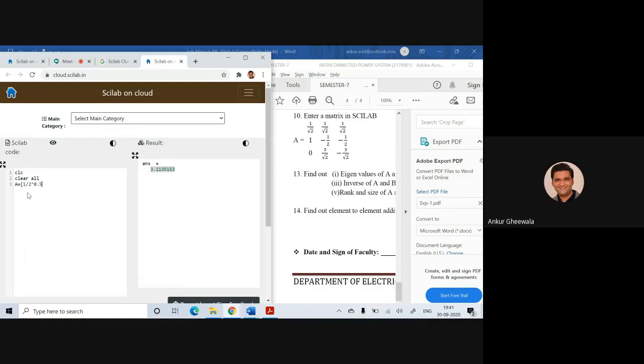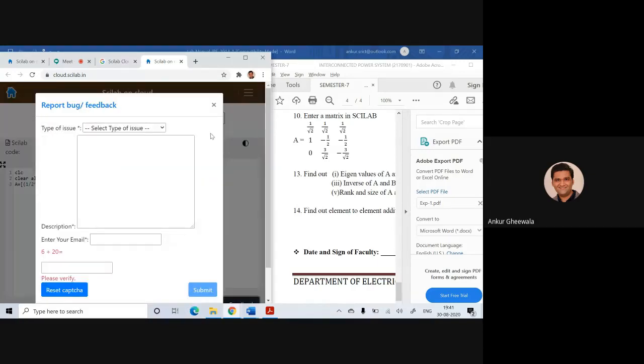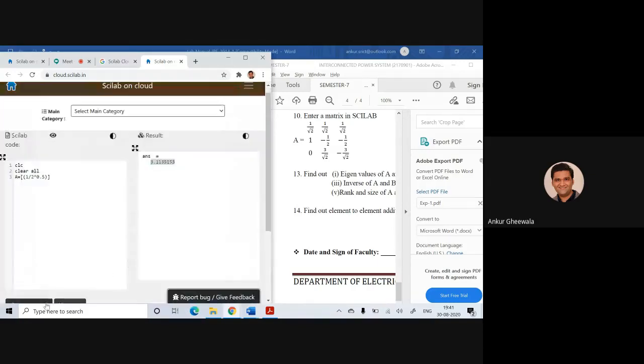And now I will put the bracket here. First of all, check this answer, then we will go for the next component. Let me check this answer. Now I will execute it. 0.707, 1 by root 2 itself is 0.707.